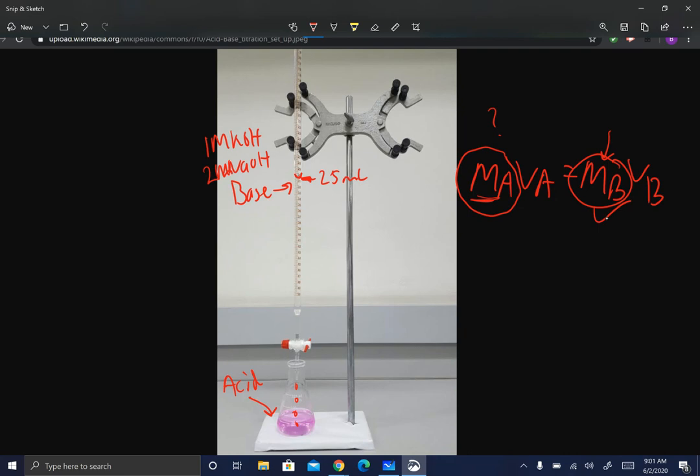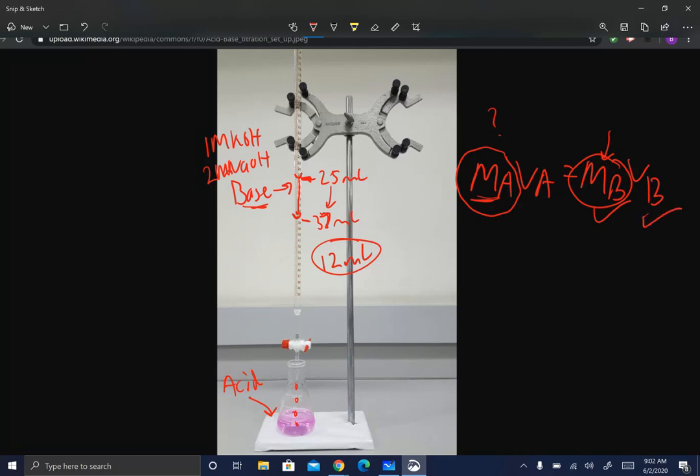That meniscus is 25 milliliters. Then you add some base, and that meniscus drops down to here, and I think that says 37 milliliters. So if you went from 25 to 37, that means you added 12 milliliters of the base to the acid.